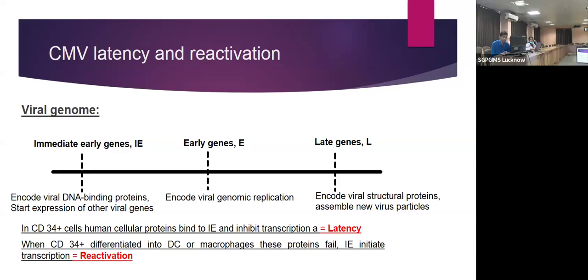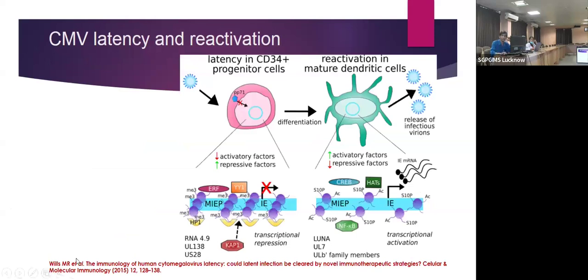This is the reactivation of the virus. Here it is shown that these are progenitor cells in latency, with a lot of normal human cellular proteins binding to the viral genome and replication stopped. But whenever this balance is disturbed, the dendritic cell or macrophage transformation happens and the virus becomes activated.